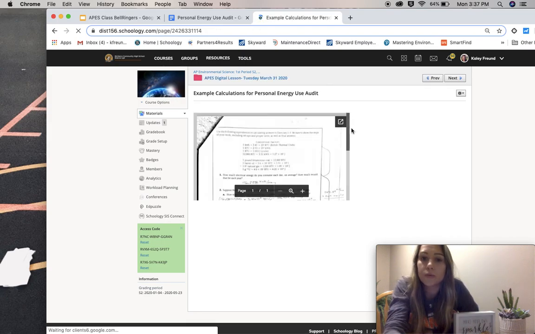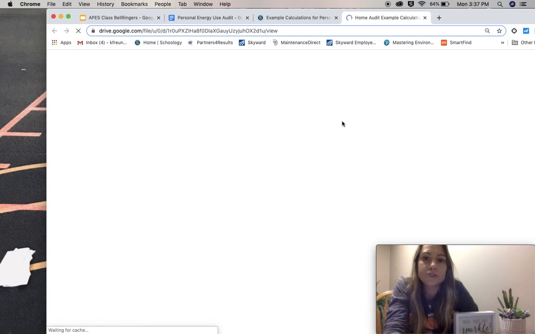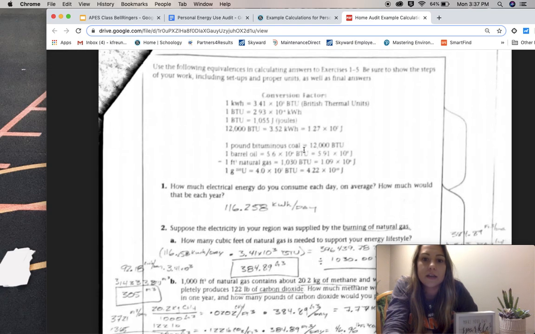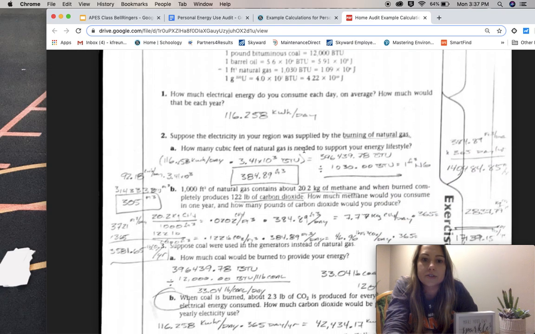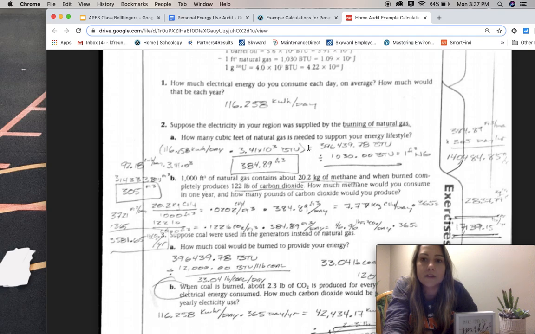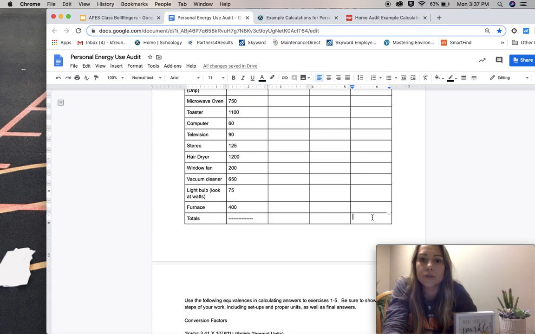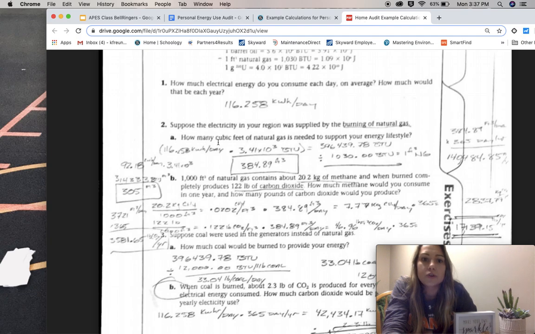You will have your own numbers, so by no means should you be putting in the numbers that you see here, but it's to give you an idea of how to set up your conversion so you have something to base it off of. The number right here is from the totals column, the total kilowatt hours per day.